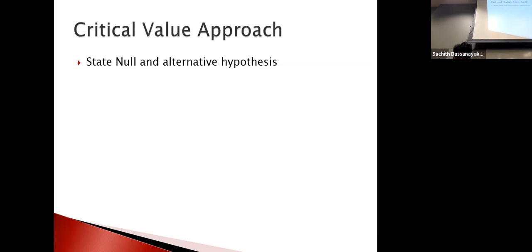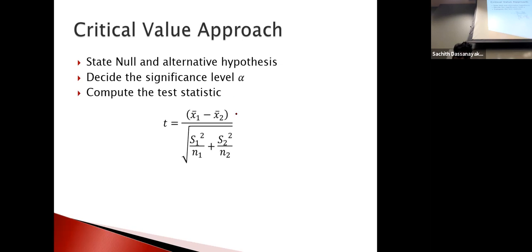Let's check how we use the critical value approach. All four steps are pretty similar. State the null, find alpha, the significance level, and then compute the test statistic. Now you don't need the pooled SP; we are not talking about SP.